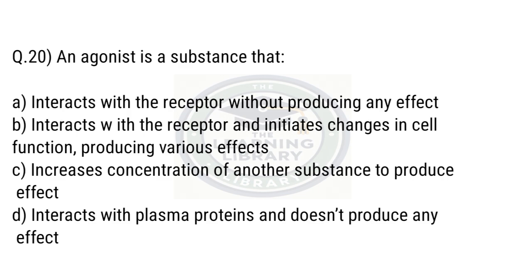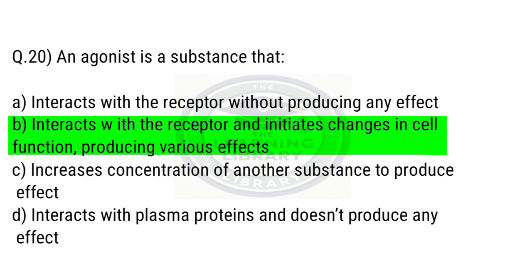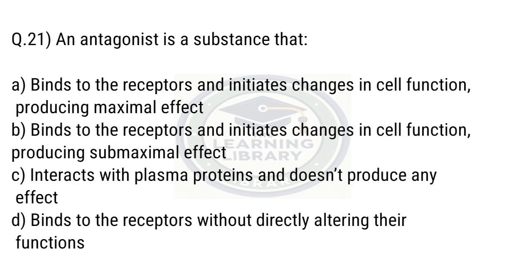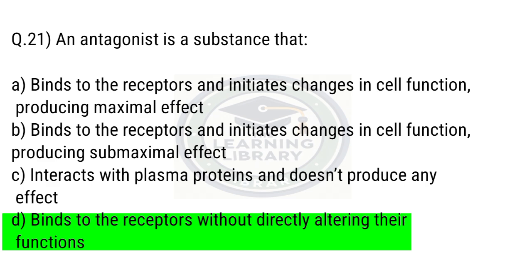The right answer is option B, interacts with the receptor and initiates changes in cell function, producing various effects. Question number 21. An antagonist is a substance that. The right answer is option D, binds to the receptors without directly altering their functions.